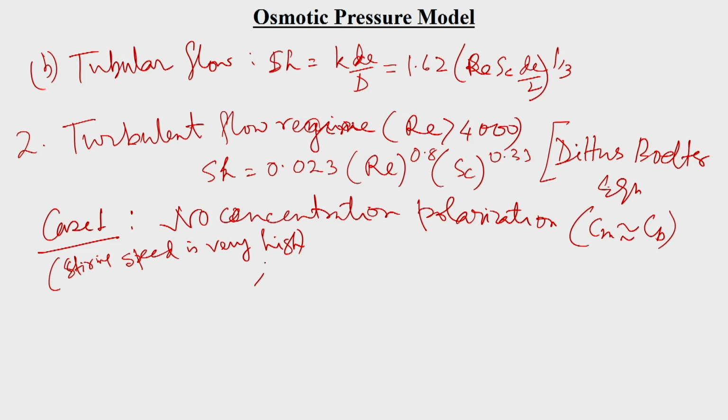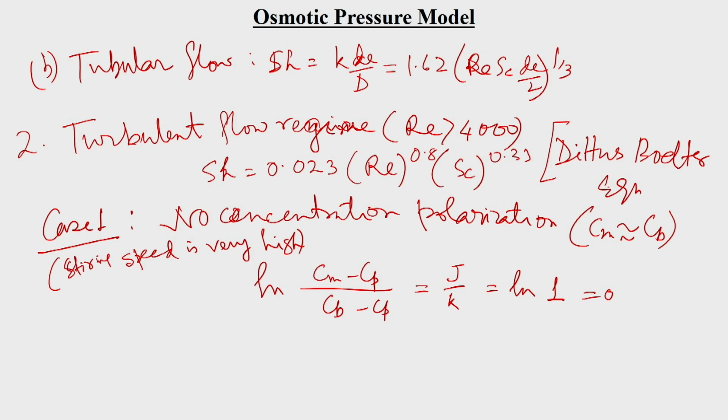In that case we have ln((Cm minus Cp) by (Cb minus Cp)) equal to Jw by k. If we put Cm equal to Cb, then the ratio is 1, so ln is 0.